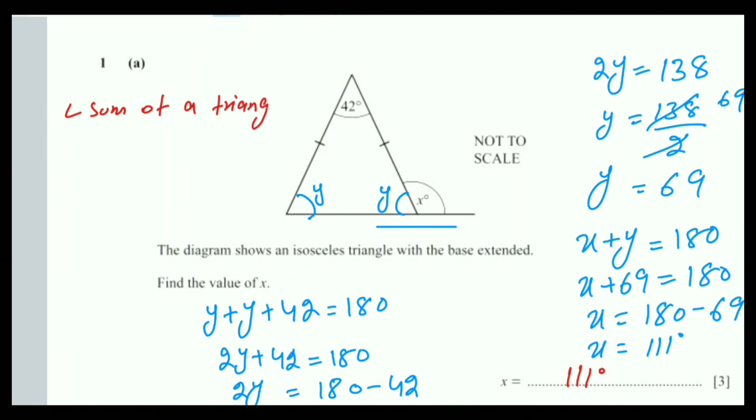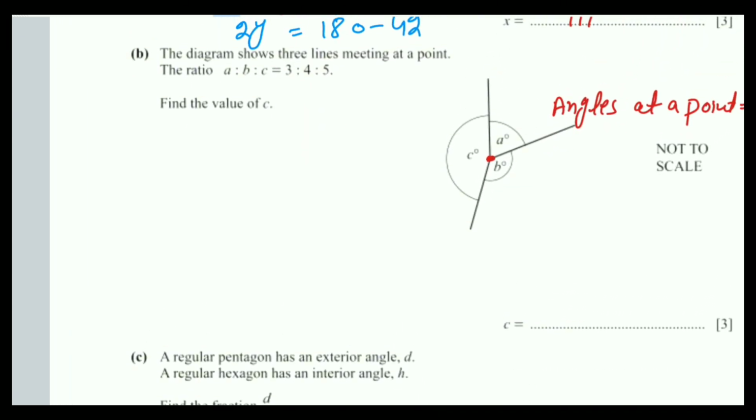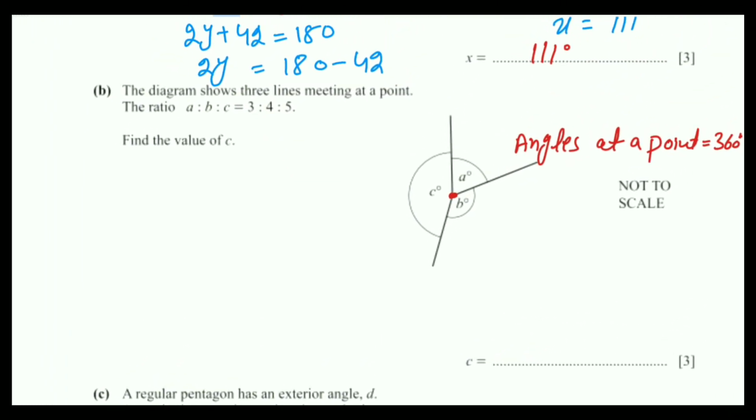You should know the names of the properties. Okay, so angles at a point is equal to 360 degrees, and this property will be used here.